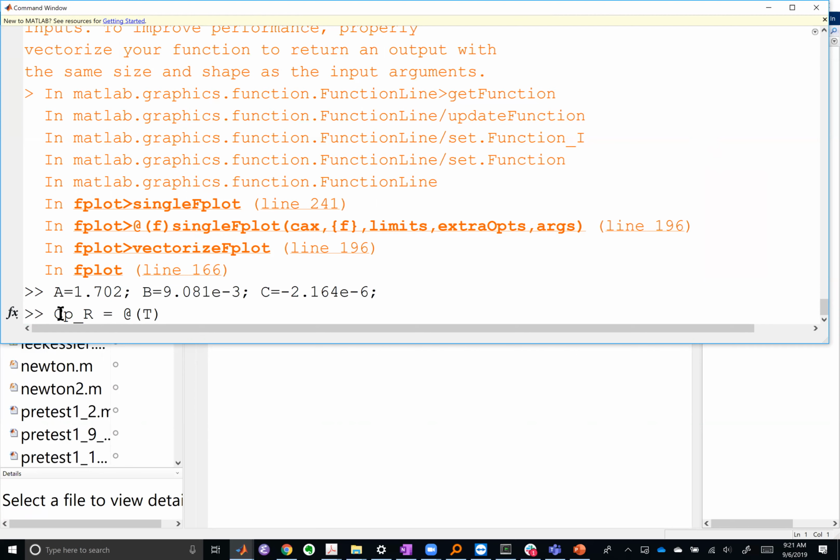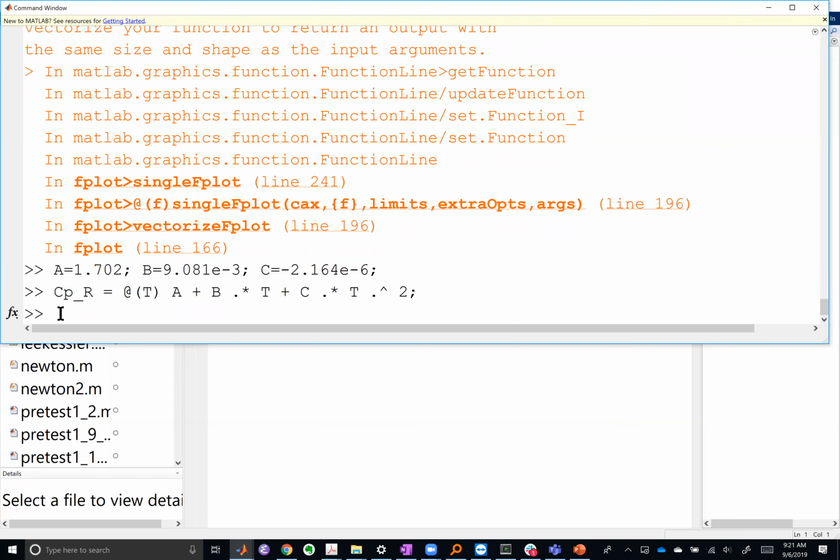So the expression is going to be the heat capacity equation. So CPR is the ideal gas heat capacity divided by the ideal gas constant. And that's the A plus the B times the temperature plus the C times the temperature squared.